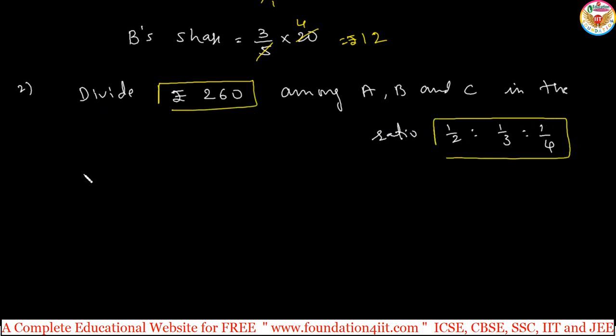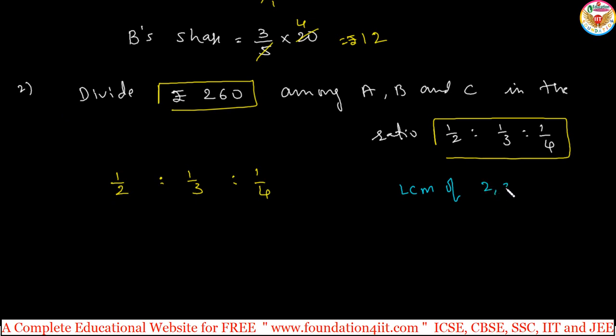First, let us take it like the previous topic. The ratio should be in whole numbers, not in fractional form. So for that, 1 by 2 is to 1 by 3 is to 1 by 4, right? Take the denominators 2, 3, 4 and find the LCM.